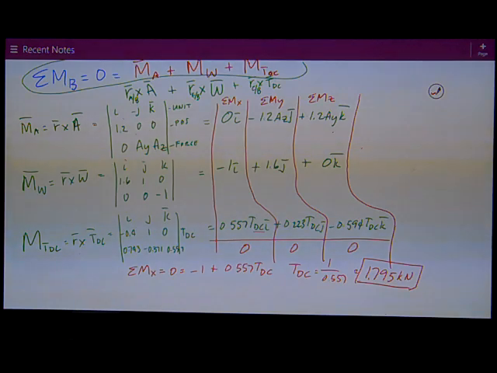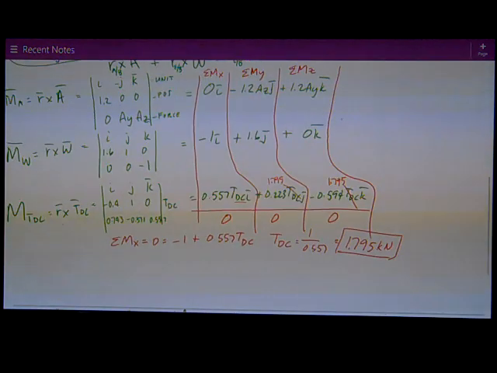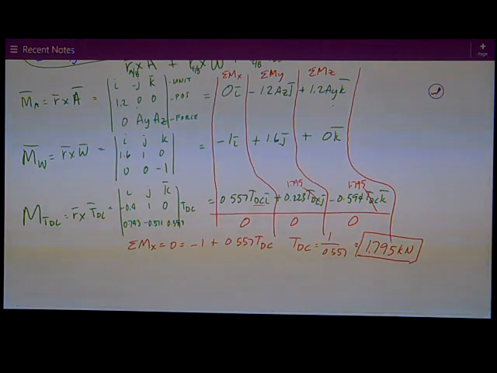Once I know that, I can plug that value into these other two columns. This is equal to 1.795, and TDC, same thing over here. So I can then solve those two columns. I could go sum of the moments in the y direction is equal to 0, is equal to negative 1.2 AZ plus 1.6 plus 1.795 times 0.223.